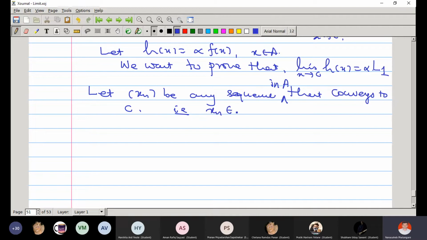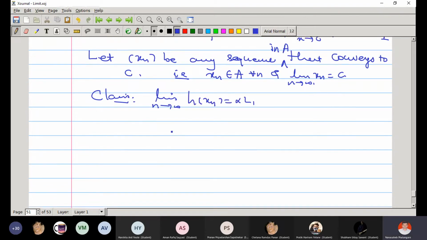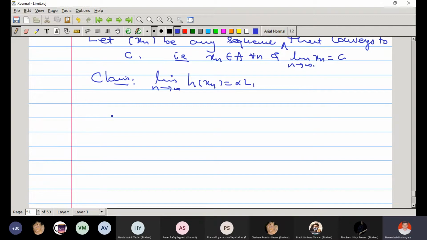That is, xn belongs to A for all n, and the limit of xn is equal to c. So what we claim is that the limit of h(xn) is alpha times L1. This is what we want. Okay, let us consider.